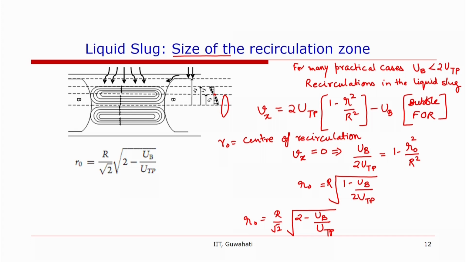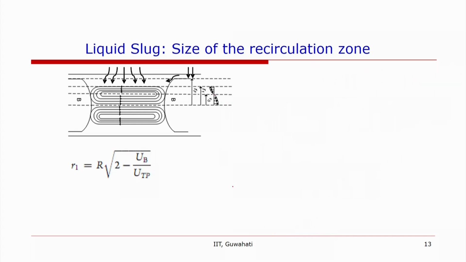The other parameter of interest will be the radius of the entire circulating zone. So this R1, how can we find R1 here? There are two ways to look at it. If you look at the flow that is happening from here to here, the flow Q, you can write this Q in the integral form.